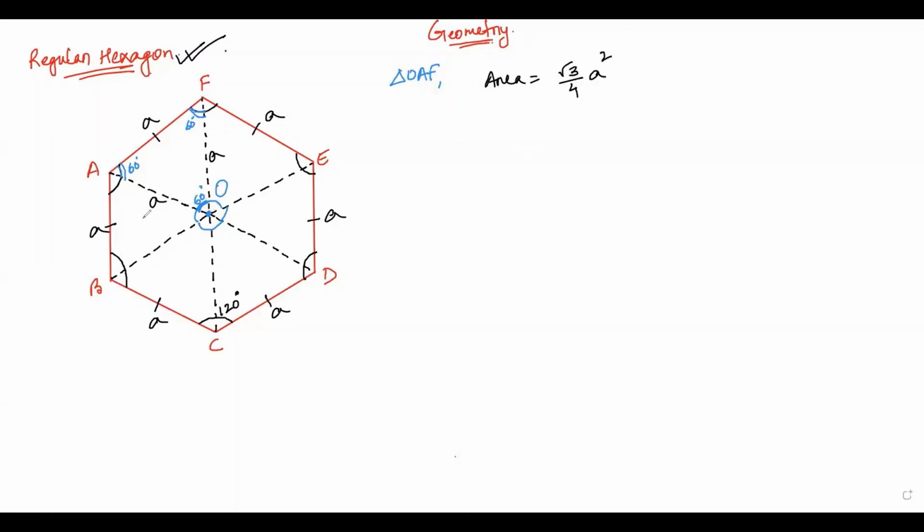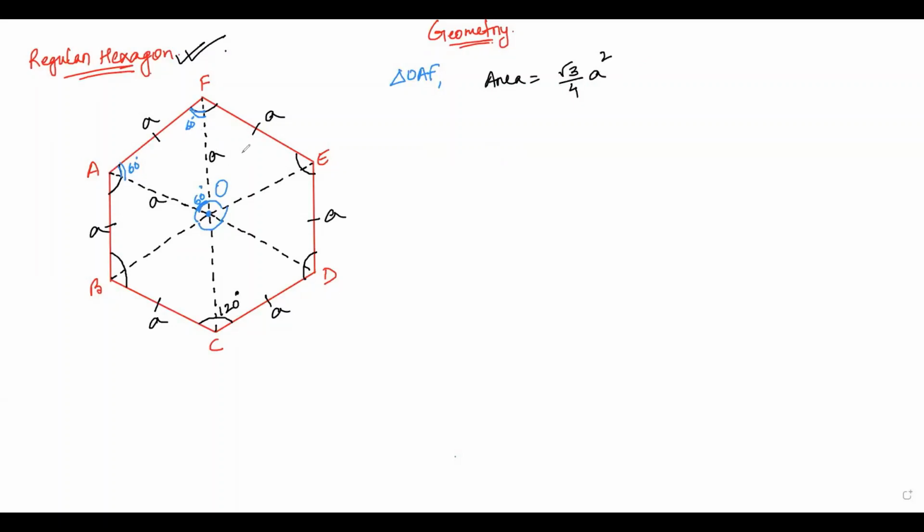Here, the two sides are a, and the angle between them is 60 degrees. So the area can also be written as half into a times sine of 60 degrees. And we know sine of 60 degrees is √3/2. So this also gives us the area of triangle OAF as √3/4 into a square.